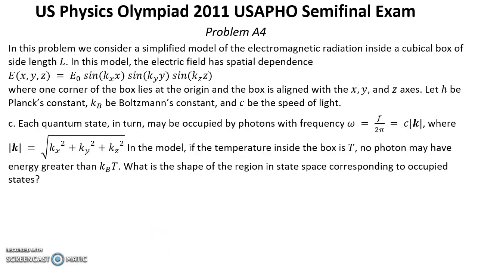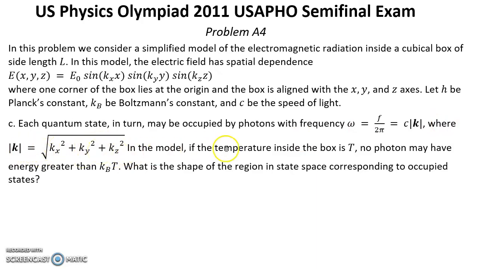Question C. Each quantum state in turn may be occupied by photons with the frequency omega equal f over 2 pi equal c multiplied by k, where c is the speed of light and k is the length of vector k in this space.